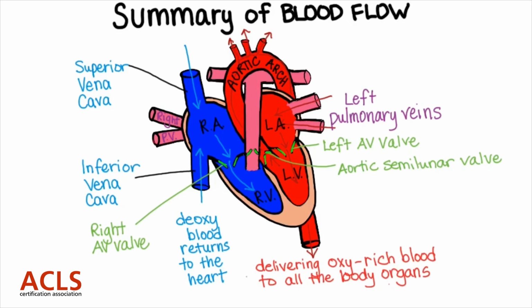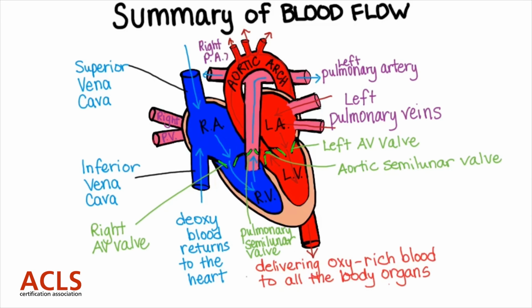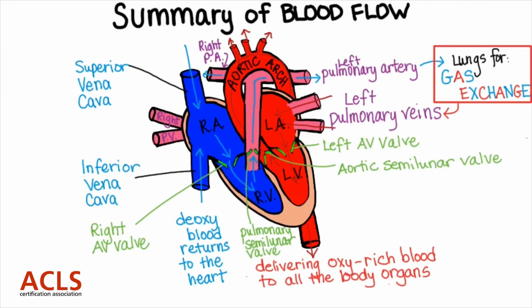When the ventricles pump, deoxygenated blood is forced through the pulmonary semilunar valve into the pulmonary trunk, which branches to the pulmonary arteries, the left pulmonary artery and the right pulmonary artery. These arteries carry deoxygenated blood to the lungs for gas exchange. Freshly oxygenated blood then travels in the pulmonary veins to the left atrium, and we are back where we started.